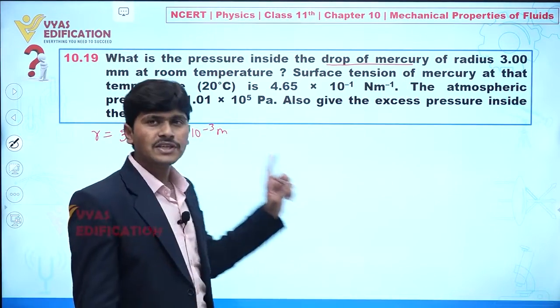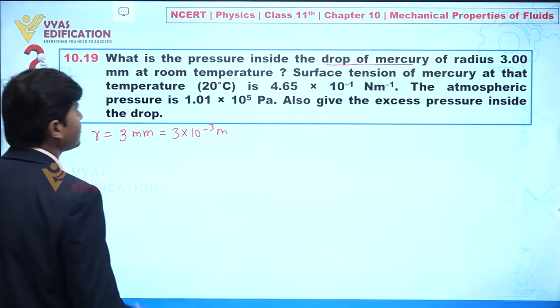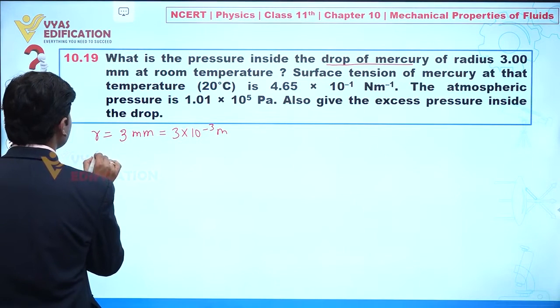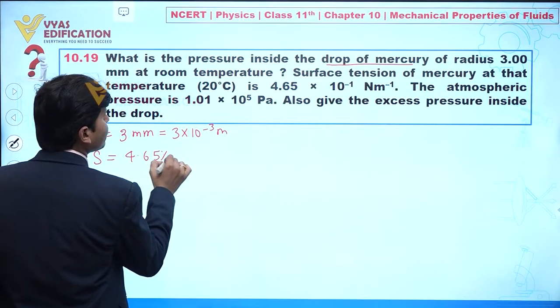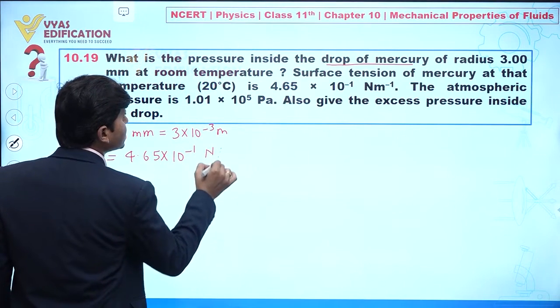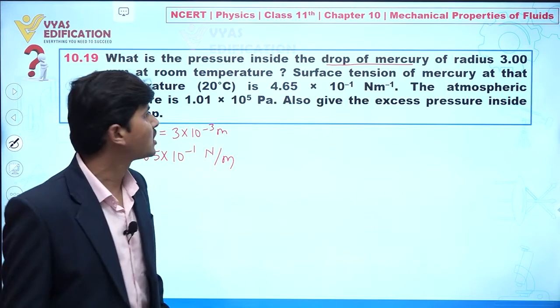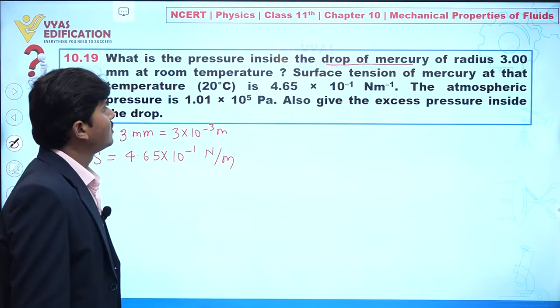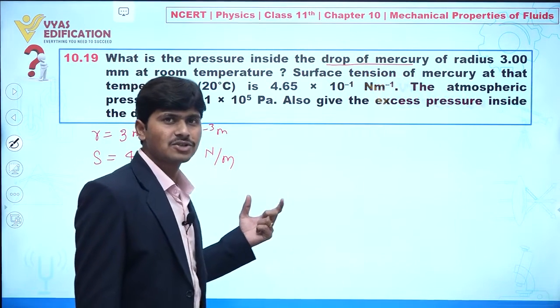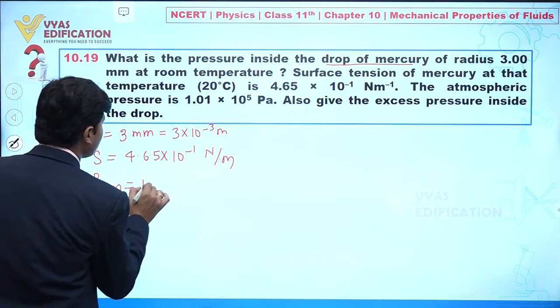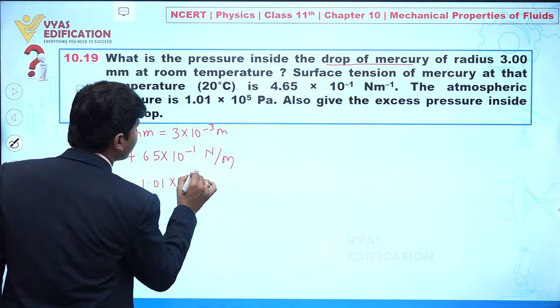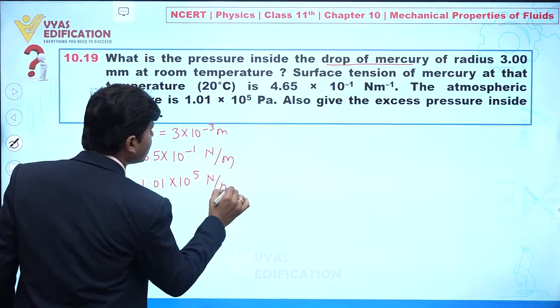The surface tension of mercury at that temperature, the value of S, is given as 4.65 into 10 to the power minus 1 Newton per meter. And the atmospheric pressure is also given, 1.01 into 10 to the power 5 Newton per meter square.